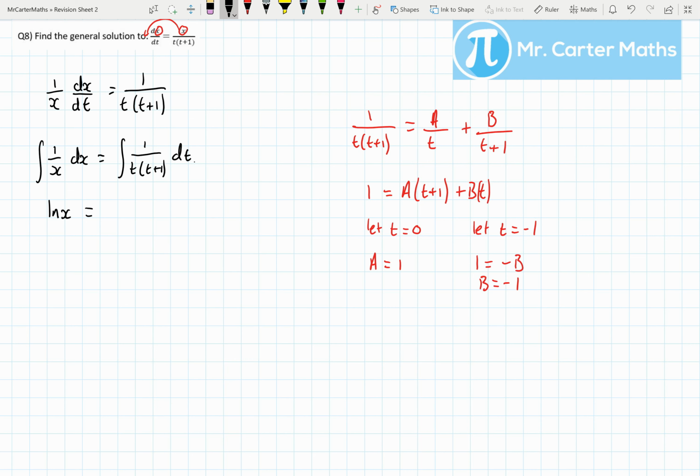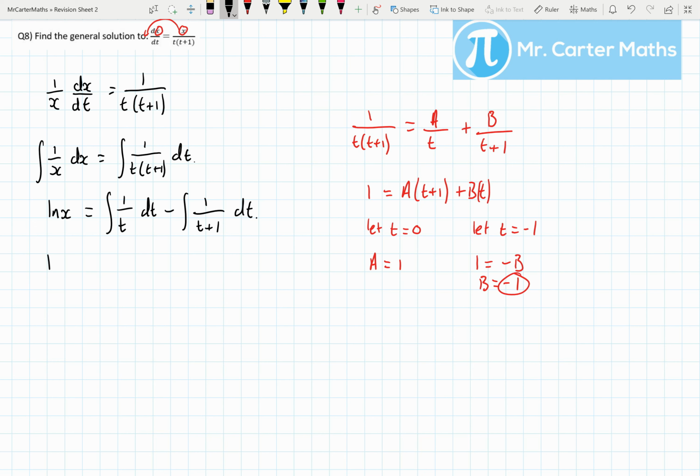So I can take this integral and split it into the integral of 1 over t dt minus the integral of 1 over t plus 1 dt. Whenever I've got an addition or subtraction in an integral, I quite often like to split it into two separate integrals. In this case, that minus there is just because my B is minus 1.